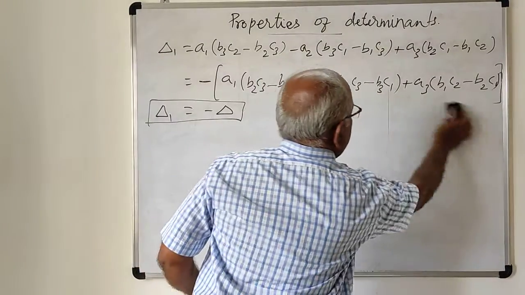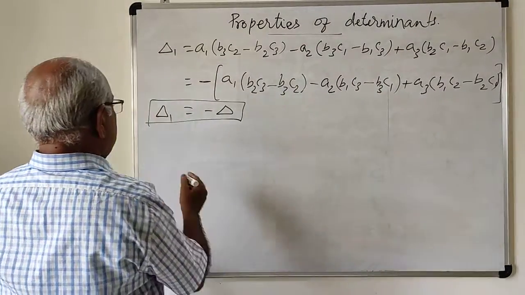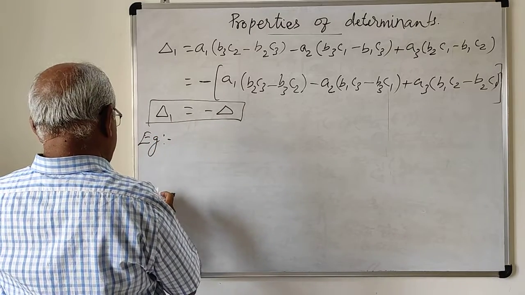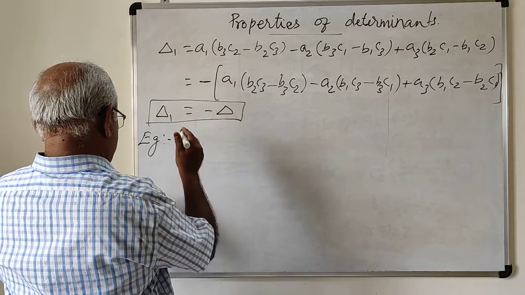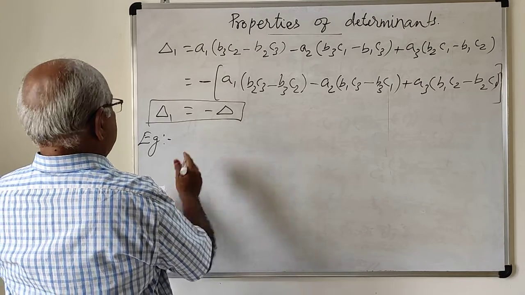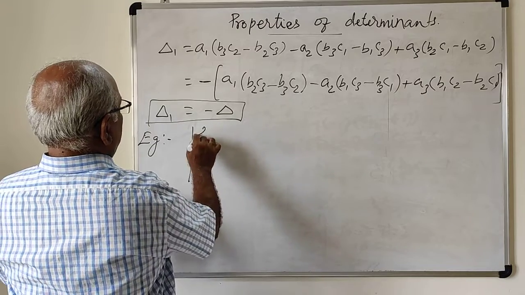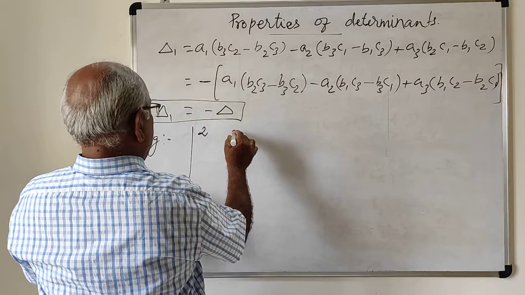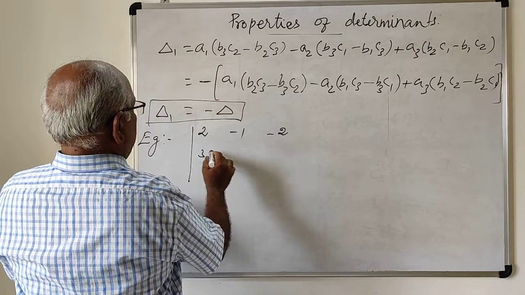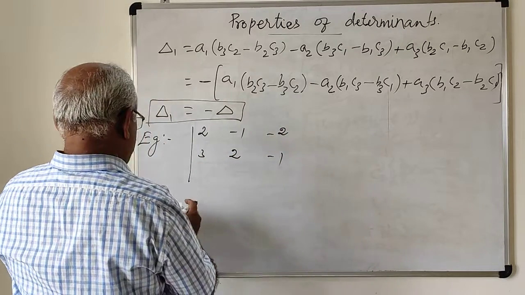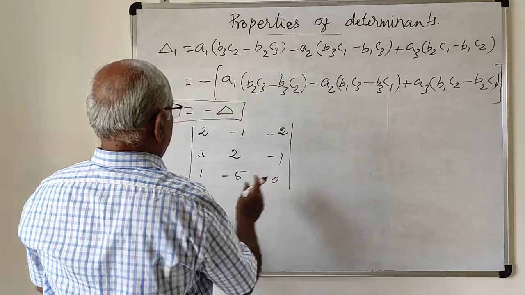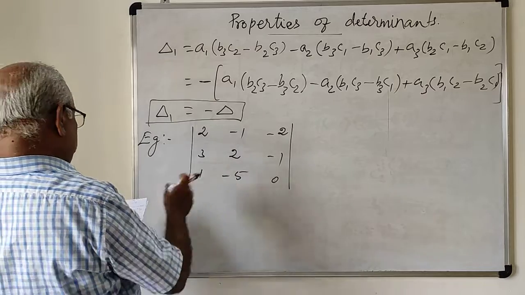In the previous property example, we solved the determinant 2, minus 1, minus 2, 3, 2, minus 1, 1, minus 5, 0.